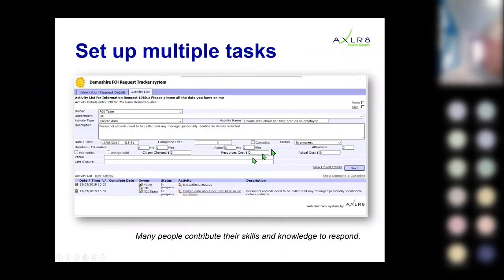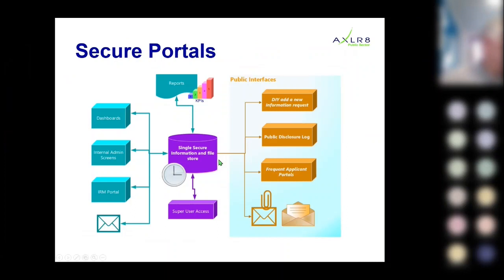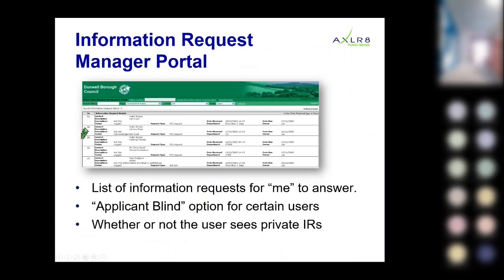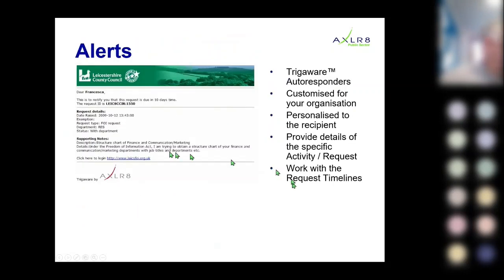So here's somebody who's been set up, and obviously they go in via the IRM portal to the single database, and you've got some examples here of the requests that have come up for this person. Dunwell Borough Council was the old demo system, if you remember, and you can see here's an example of one.